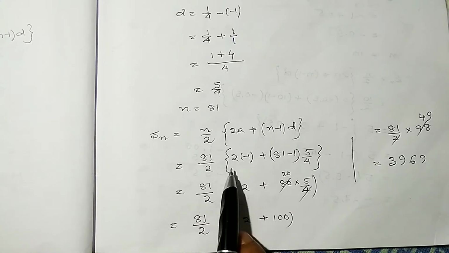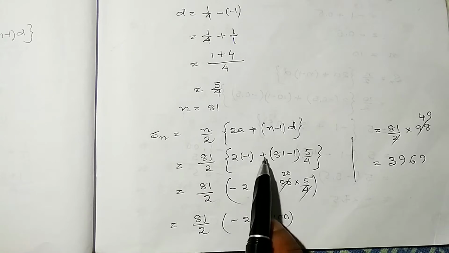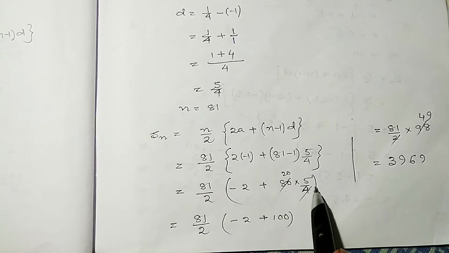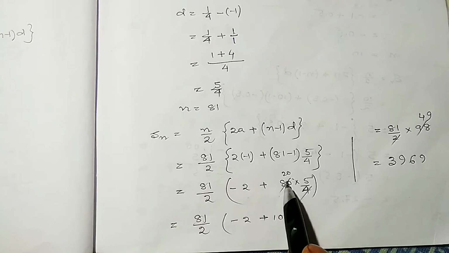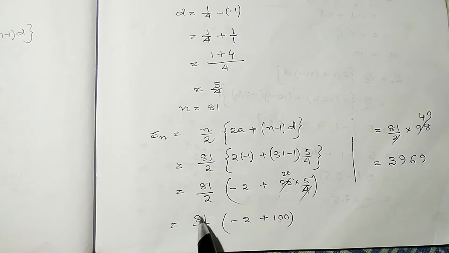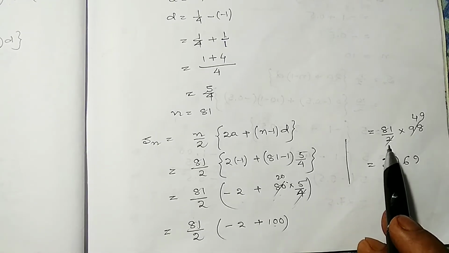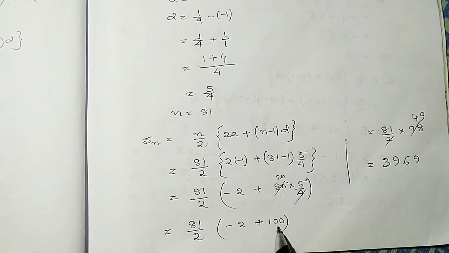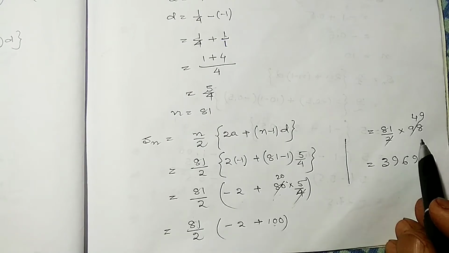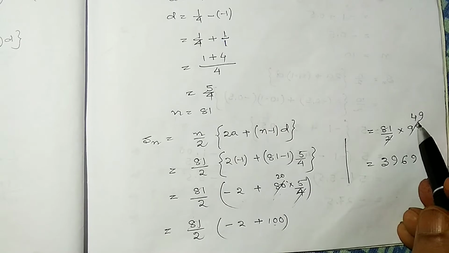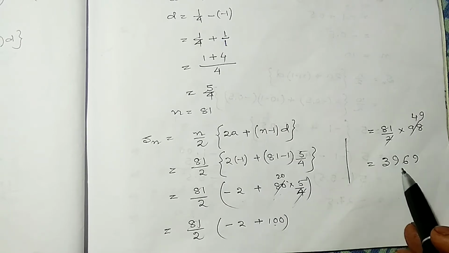So 81 by 2, 2 into minus 1 is minus 2, plus 81 minus 1 is 80 into 5 by 4. 4 twenties are 80, 5 twenties are 100. The rest remains as it is. So we get 81 by 2 into 100 minus 2, that is 98. Now if I cancel 2 and 98, we get 49, and 49 into 81 is 3969.